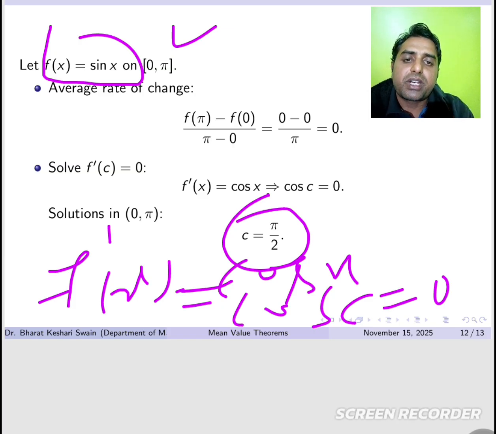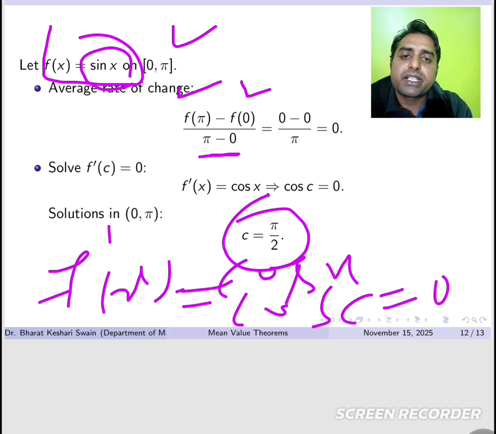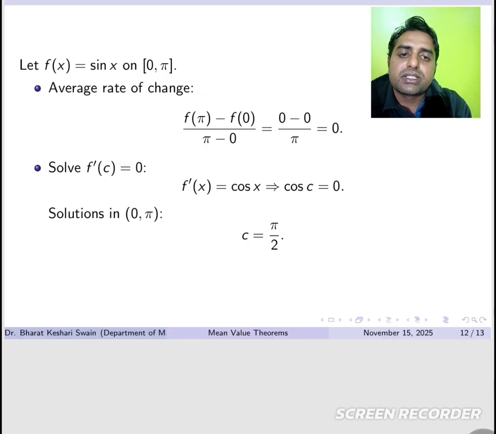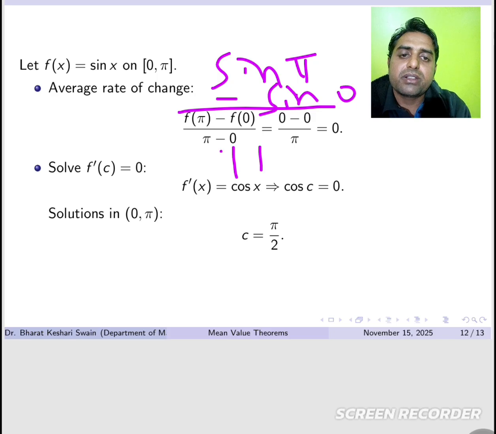And what is your right hand side? f of b minus f of a, that means f of pi minus f of 0 divided by pi minus 0. f of pi means sin pi, minus sin 0, divided by pi minus 0.